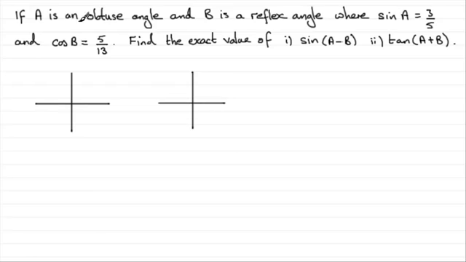Now when we talk about angle A, first of all, it's an obtuse angle, and that's an angle between 90 degrees and 180 degrees. On these quadrant diagrams, we always start with 0 degrees here, and we work our way around in an anti-clockwise direction: 90, 180, 270, 360.